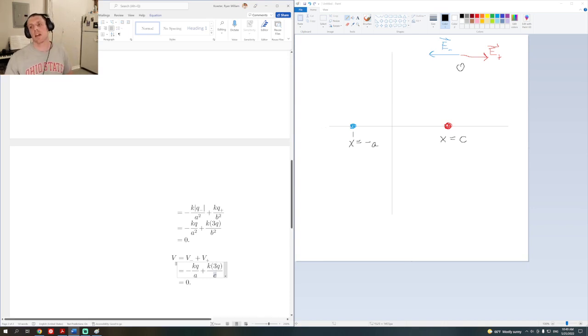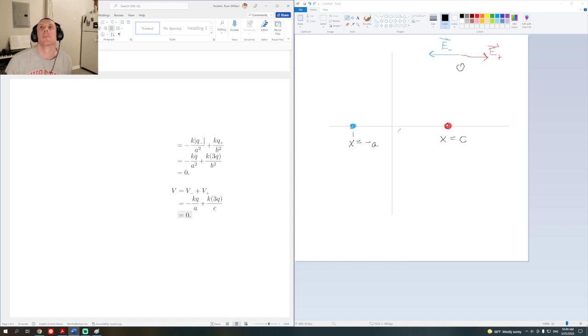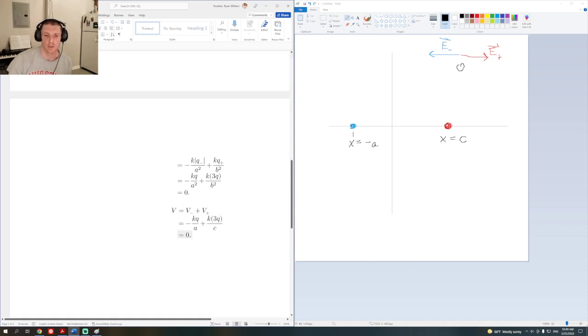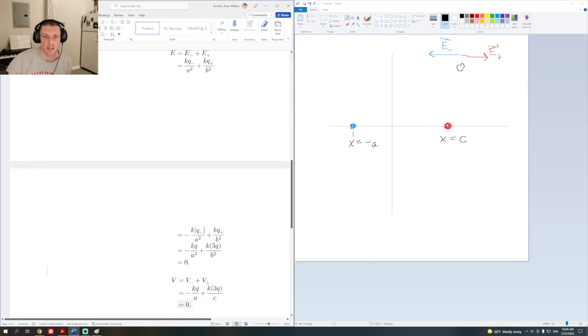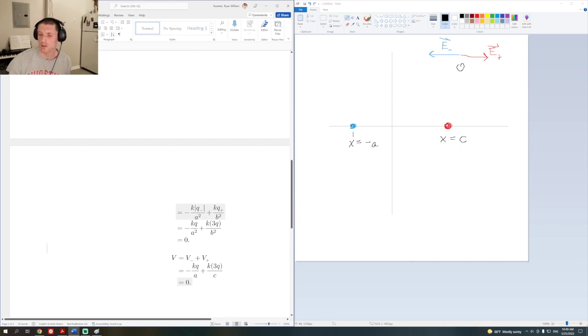But the important idea here is that a positive charge will always make a positive contribution to the electric potential at a point, and a negative charge will always make a negative contribution to the electric potential at a point, right? And that is different from the electric field, and the reason is that the electric field is a vector and the electric potential is a scalar, right?